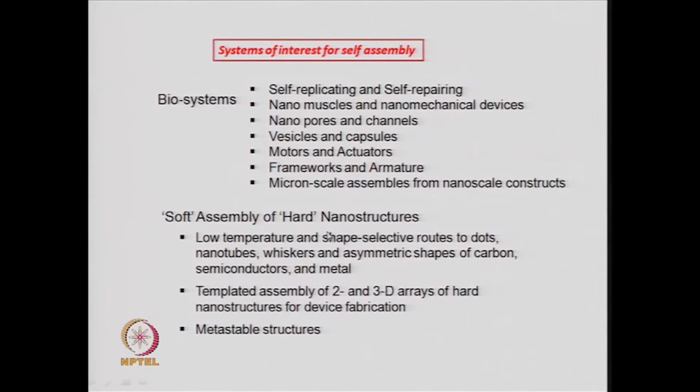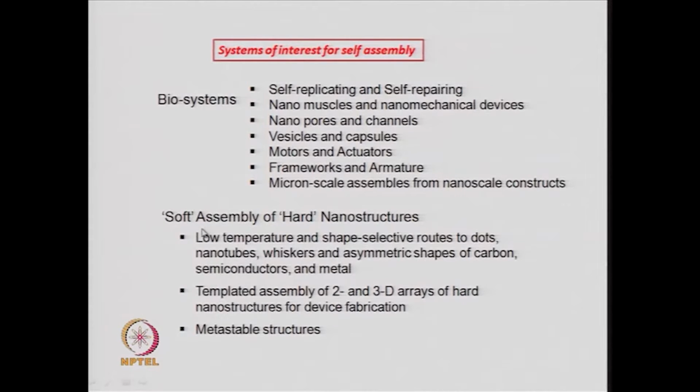So, hard nanostructures typically is something which is inorganic, mostly either a metal or a semiconductor or an insulator. It can be an oxide, a nitride, a chalcogenide or simple carbon based material. So, these are hard nanostructures made by soft methods.